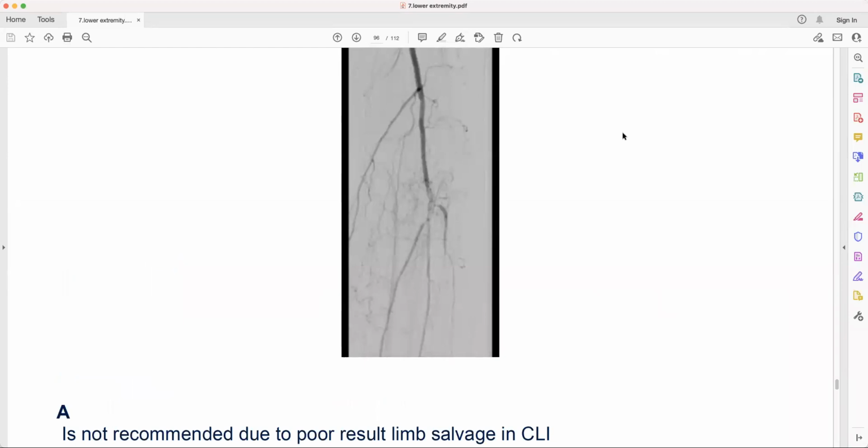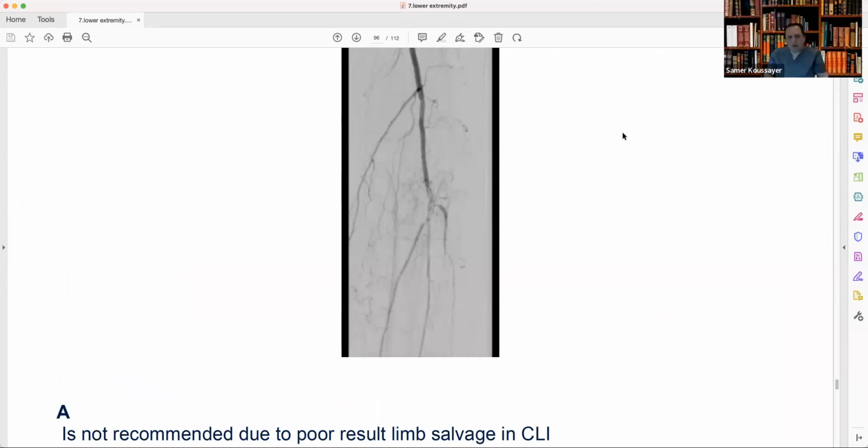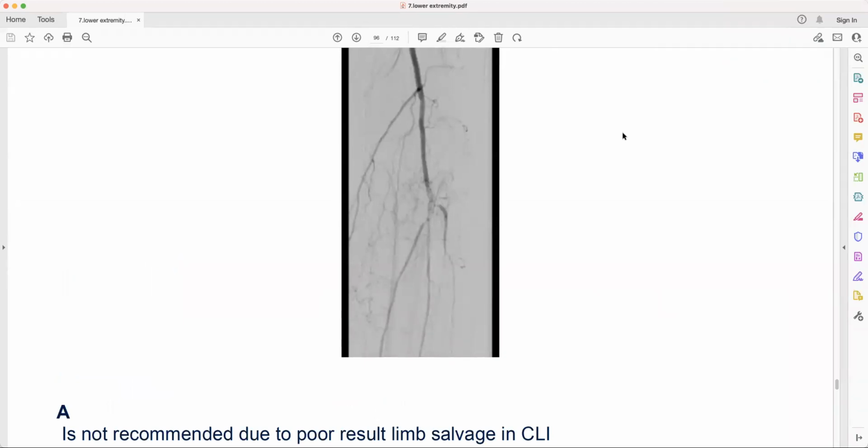What about this one, Ali? This last one, you see the tibioperoneal trunk. Do you put a double wire, or just go with one wire? The double wire technique, and you can go to the anterior tibial artery and try to open it. There are some catheters like the Trailblazer of EV3. These are CTO catheters that you can use to reopen the axis.